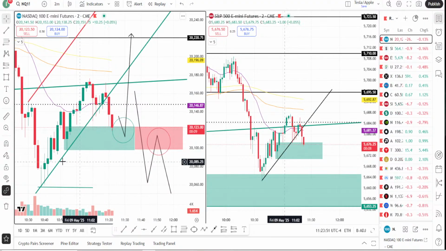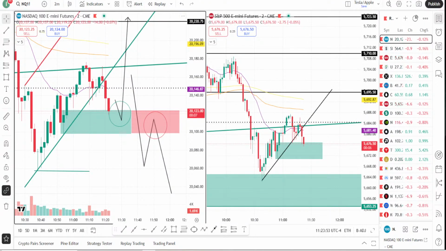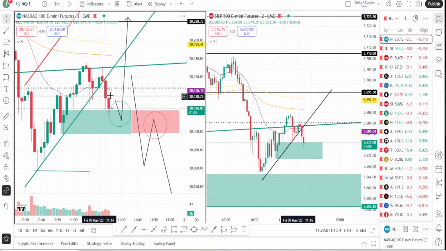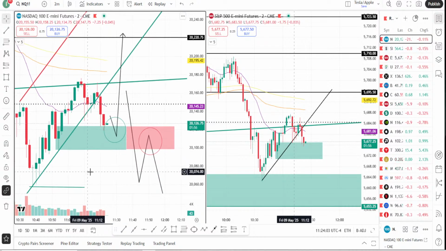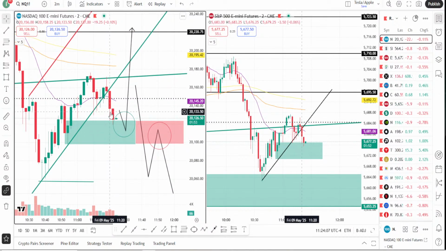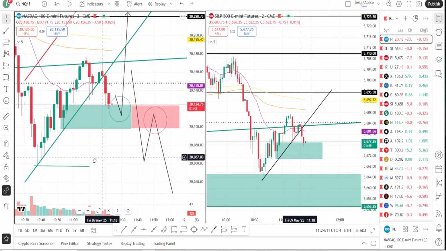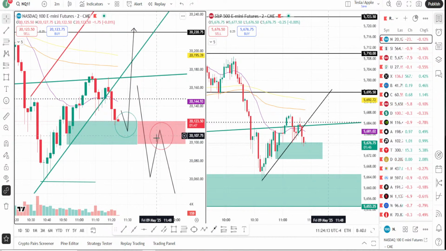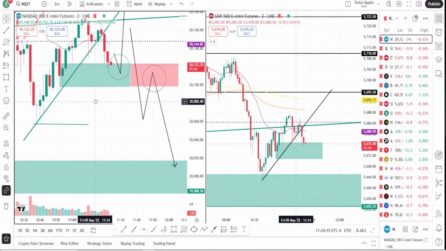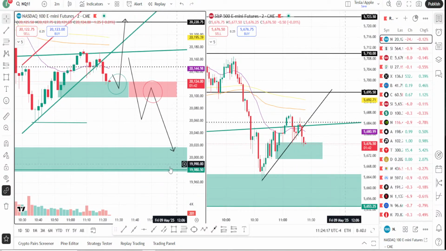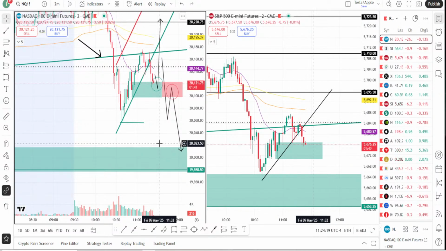What I'm basing my knowledge on is just basic price action. This is just how the market behaves, and I just react to what I see the market do. So I don't know what it's gonna do, but I'm ready. If it wants to go up here, I'm ready to buy it, and if it's gonna sell off, I'm ready to sell it here, because we do still have a demand zone lower down here.